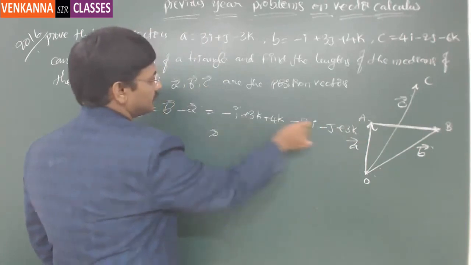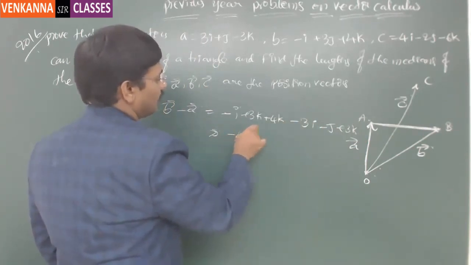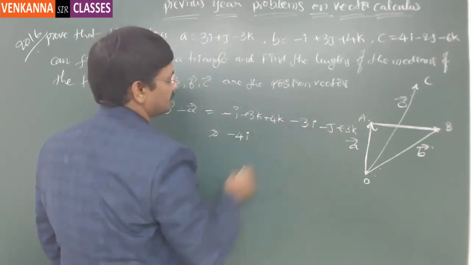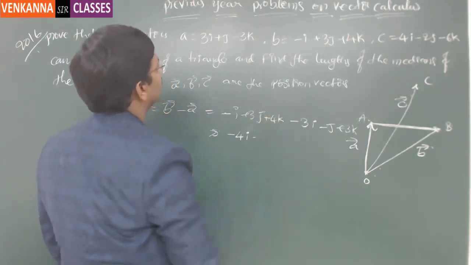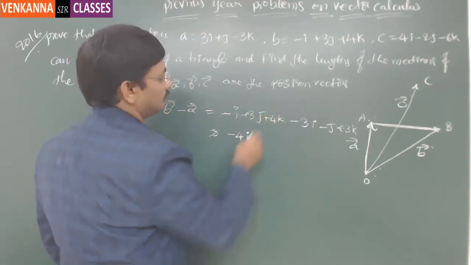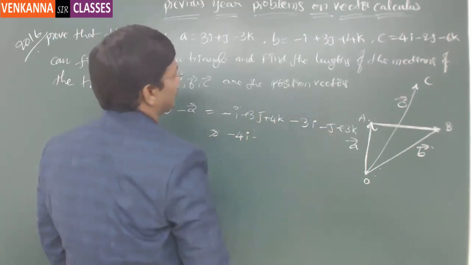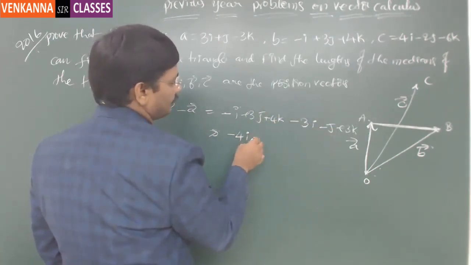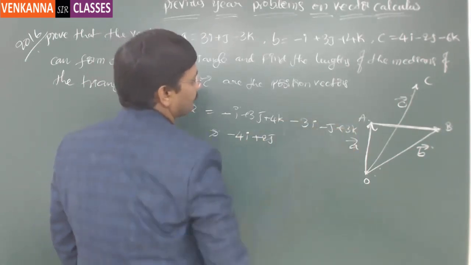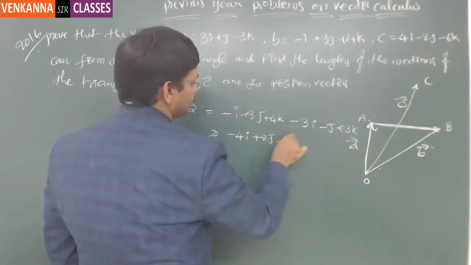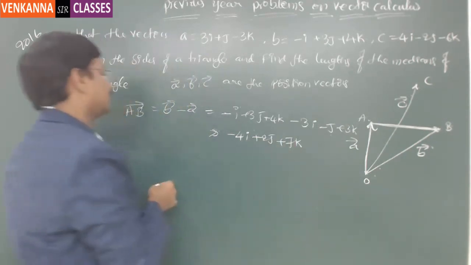So this is minus i minus 3i, that is minus 4i. Then 3j minus j, so plus 2j, and 4k plus 3k, plus 7k. So this is the vector AB.